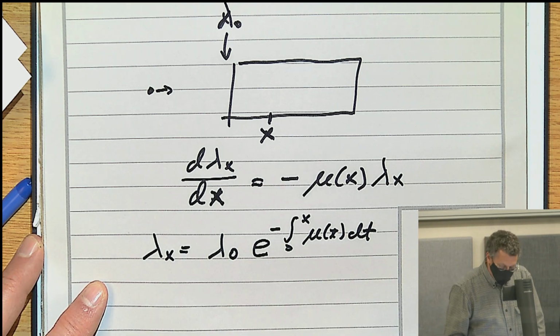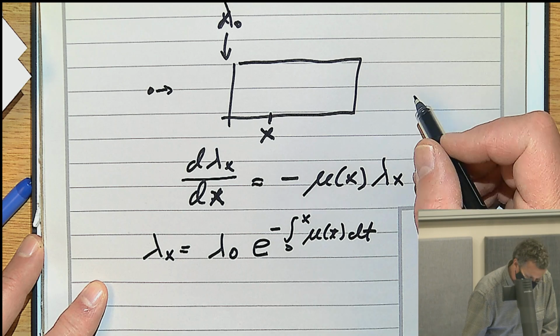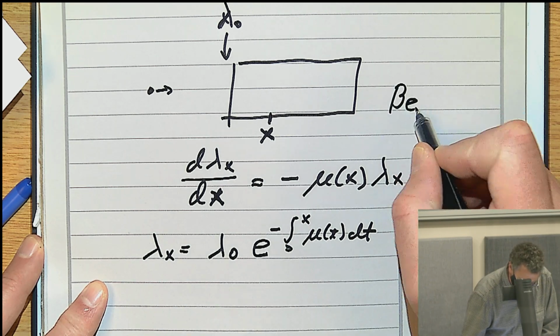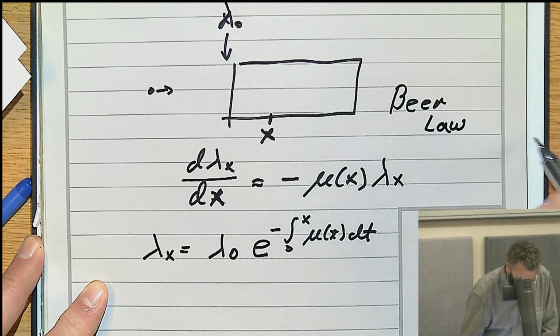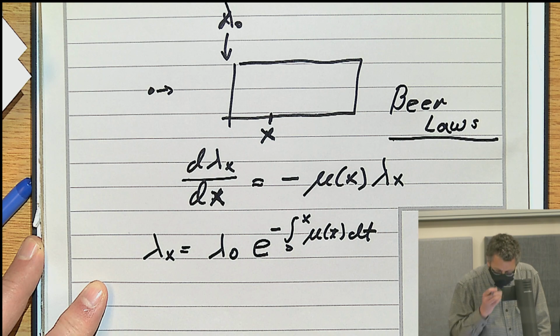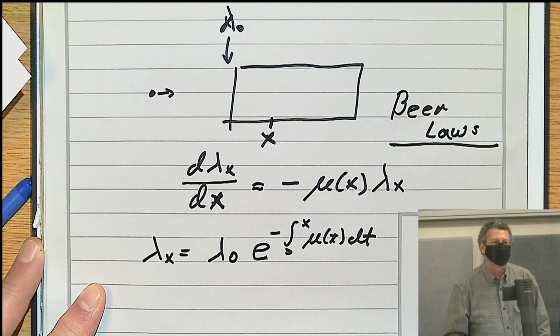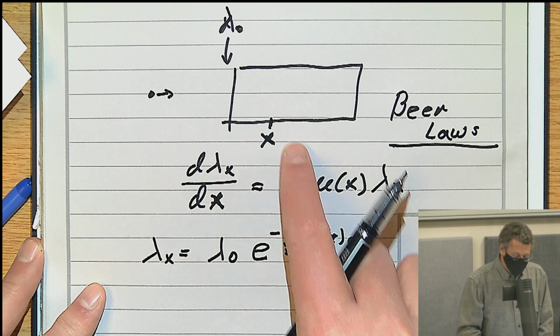Okay. So the beauty of this equation, and this is called Beer's law. I'm pretty sure it's spelled like this. Beer's law is usually associated with something just a little simpler than this, which is when the density is constant.